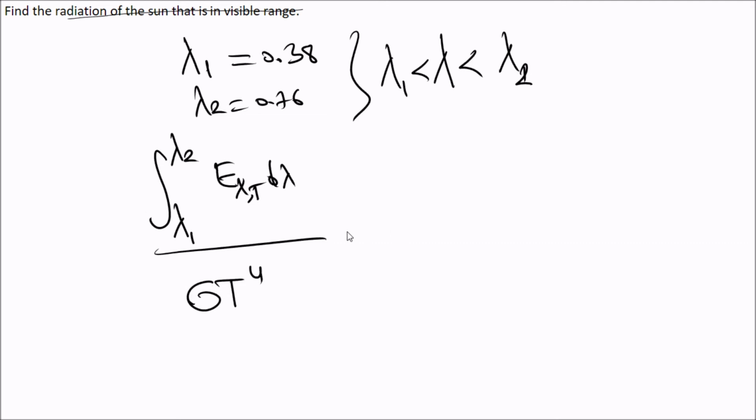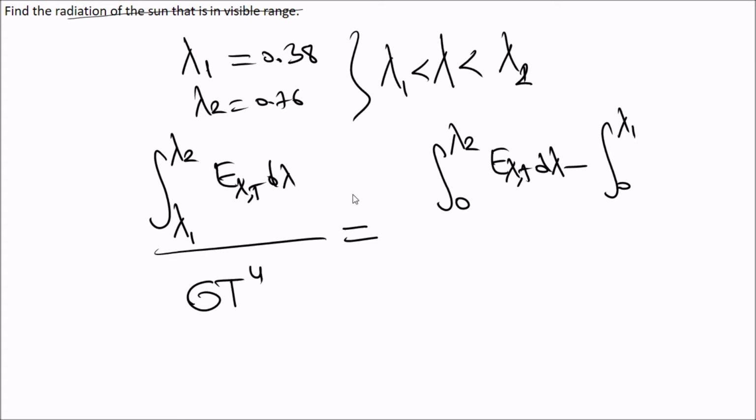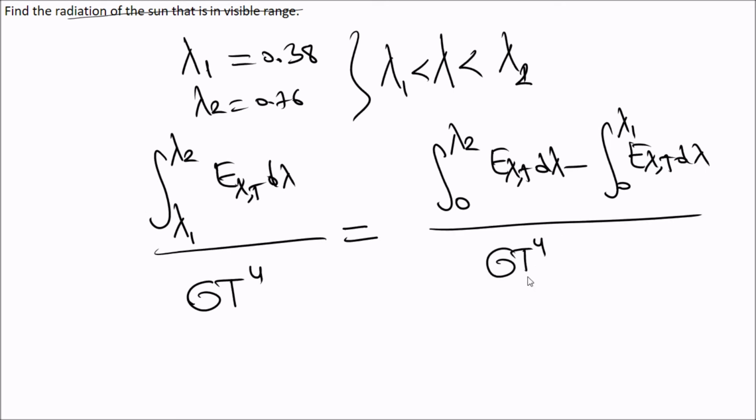This is the first thing that I can do by analytical methods, or I can write this as the integral from 0 to lambda 2 of E lambda minus the integral from 0 to lambda 1. This is the same equation, using the property of the integrals, d lambda, and I can divide these total quantities by sigma T to the power of 4.